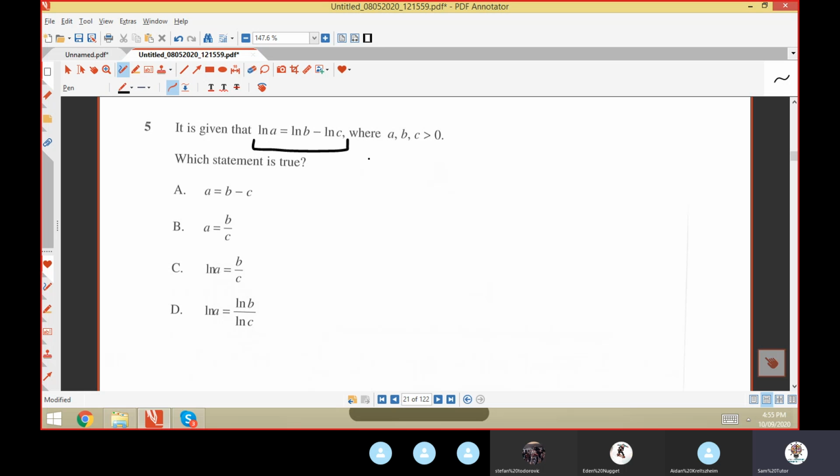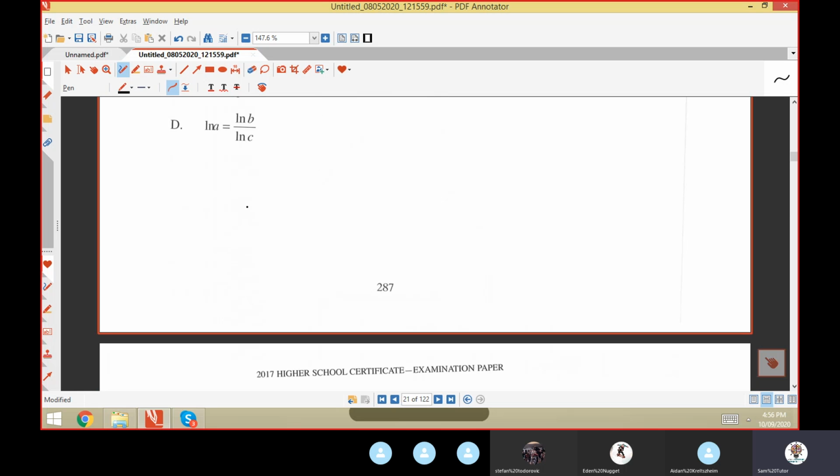B. I think you're right. Log A equals, if you're going to subtract two logs, what do you do? Divide. Then we exponentiate both sides, you just get A equals B on C. Good luck. Any questions? Okay.